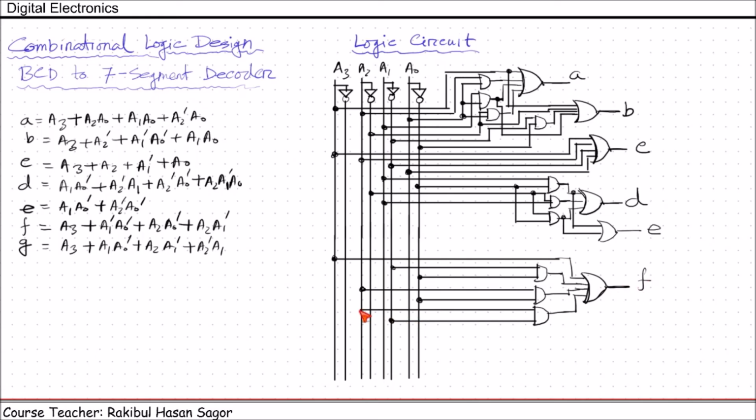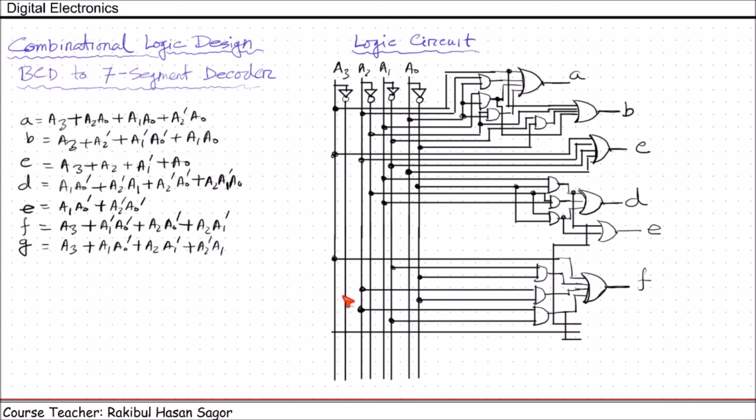These are connected. Finally, we need to draw the logic circuit for the function G. One will be taken from A3. Another one will be taken from A1, A0 prime. We can take it from here. A2, A1 prime can be taken from here.